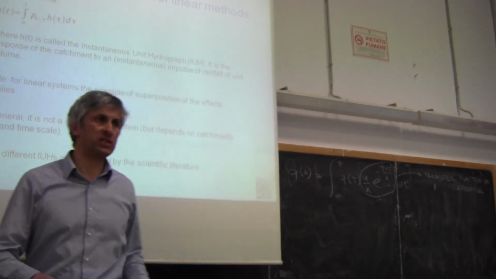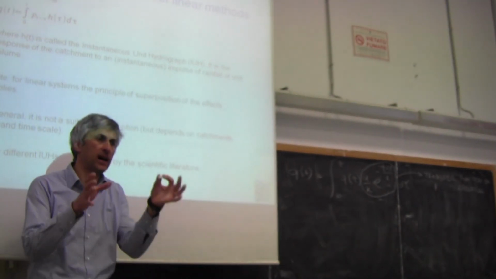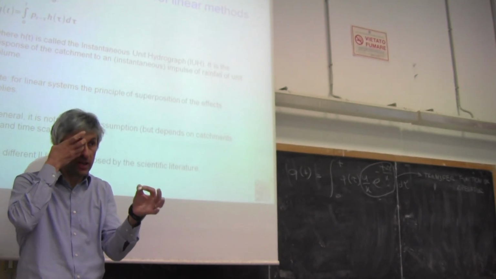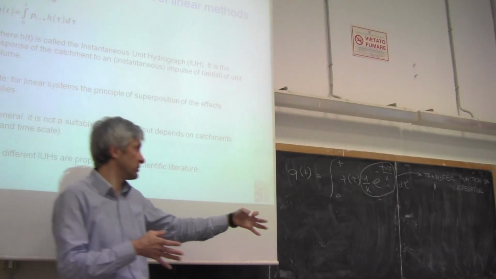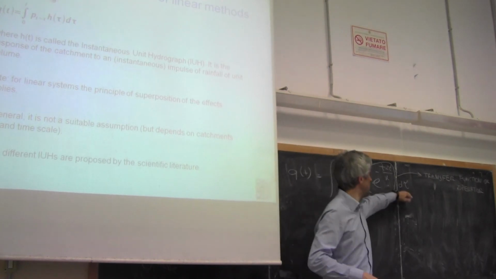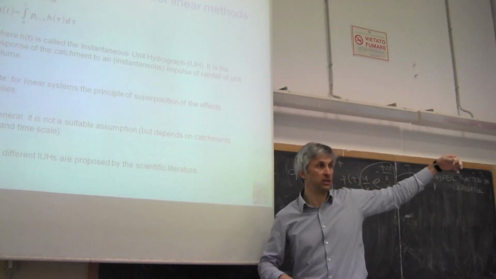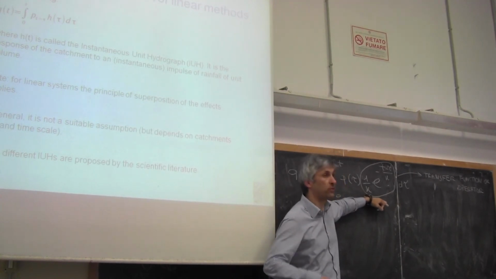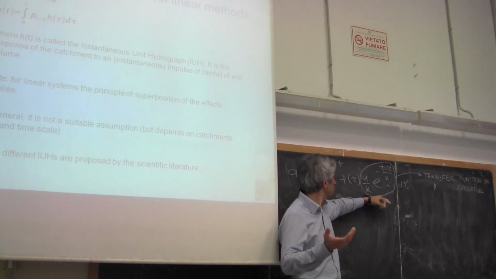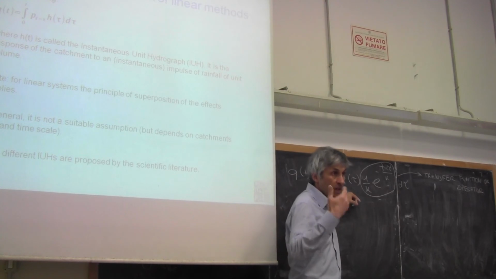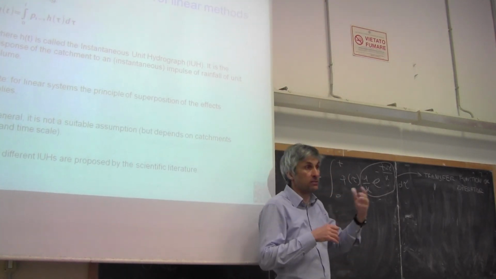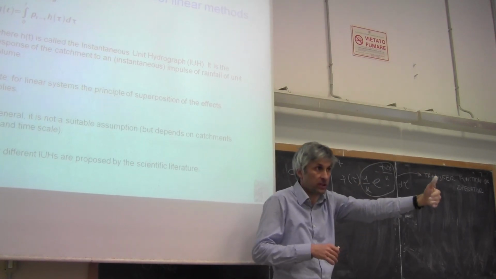Basically, this is the term that actually transforms rainfall into river flow. Let's forget about d tau; this is just the integration variable. What does this transfer function do? It is multiplied by rainfall to give river flow. So you can understand the meaning of transfer operator.